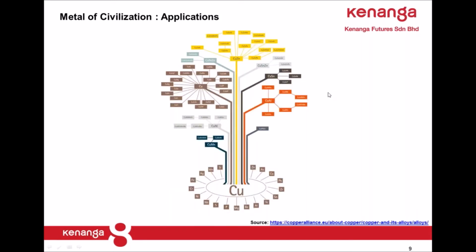This is the alloy slide, sourced from Copper Alliance, where copper can be mixed with other metals to produce a very vast selection of alloys. That is how versatile copper is.